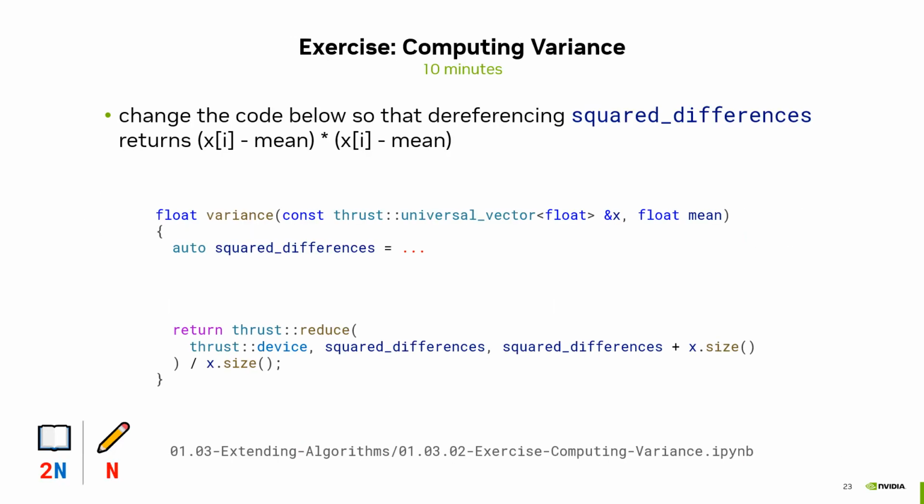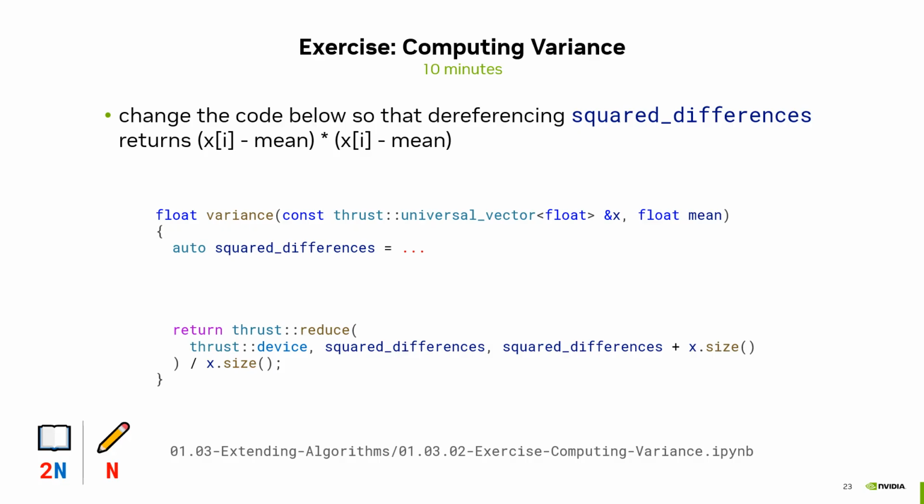Most of the parallel algorithms we've seen so far are very challenging to implement efficiently. That's why it's crucial to understand how to adapt the accelerated libraries to your unique use cases without having to re-implement them. In this exercise, we want to calculate the variance of a temperature data set, which requires us to compute the squared difference of each element from the mean.